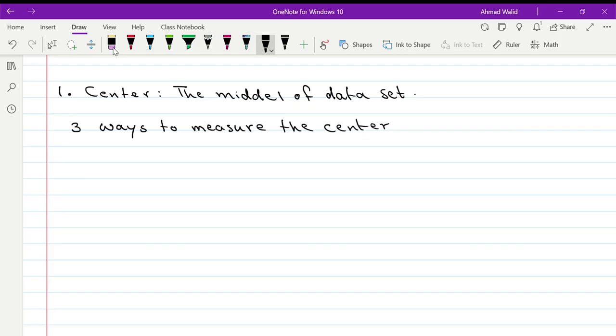The first one, we call it mean. Most of us are familiar with the word mean. Mean is actually the arithmetic average.